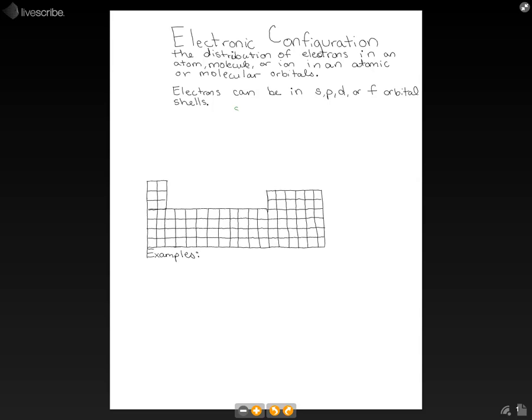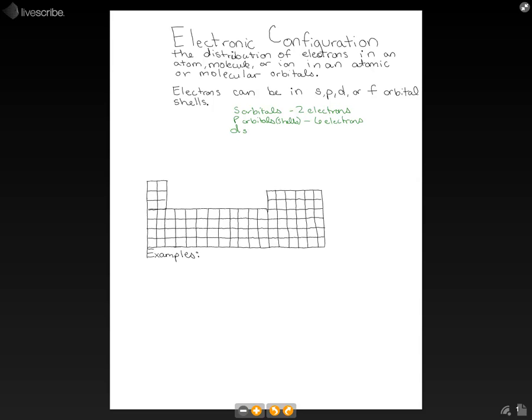And we've learned that s orbitals hold 2 electrons, p orbitals, or shells you might call them, hold 6 electrons.